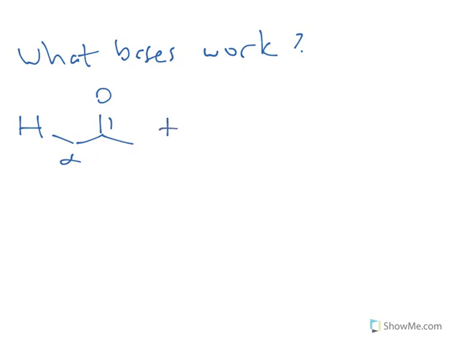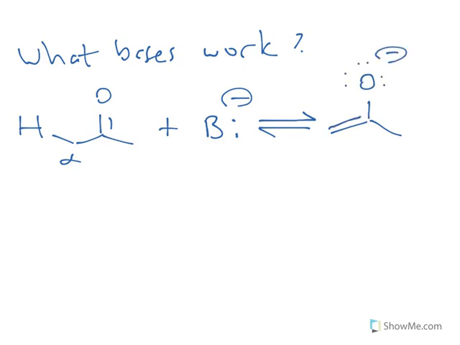And we're going to put a base here, and draw the equilibrium for this reaction. We have a base and a ketone that is enolizable, and we're going to draw the enolate that results and the conjugate acid of our base, B minus.